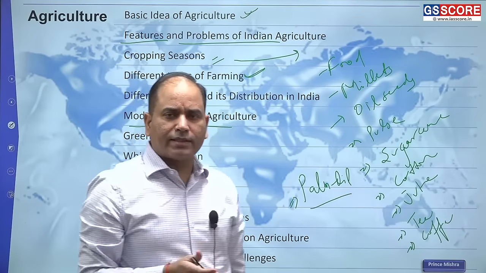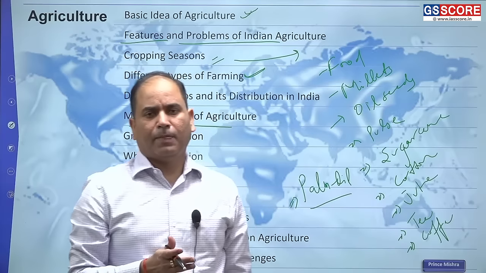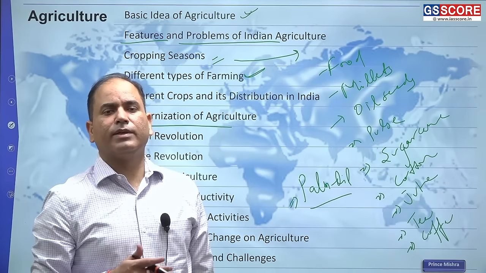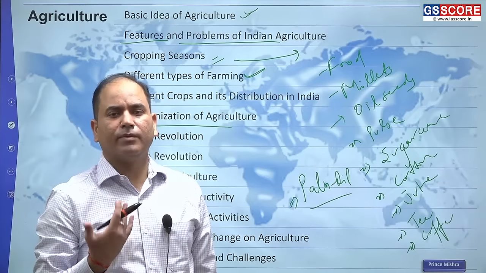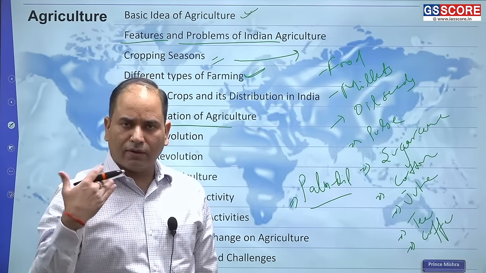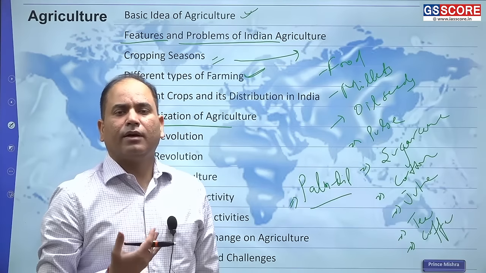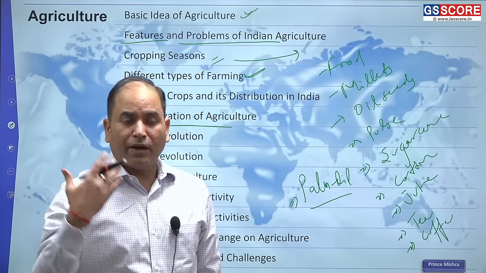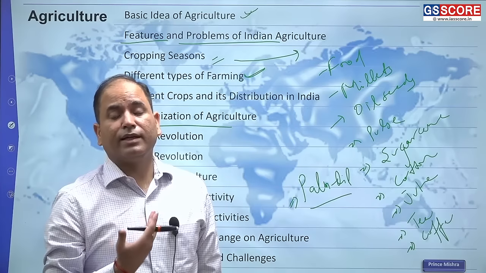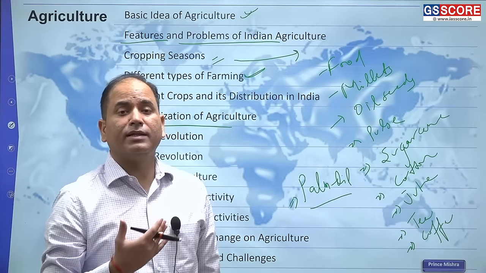Then the modernization of agriculture. If you go through the history of agriculture, you will find that at the time of independence, two-thirds of our population was involved in agriculture, but agriculture was not performing well. In fact, that was the time when there was a large scale unavailability of food grains, drought, flooding, famine conditions.